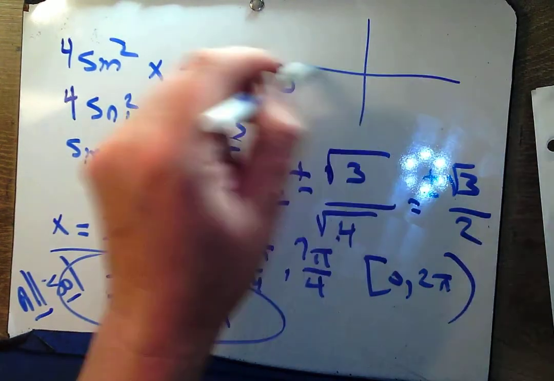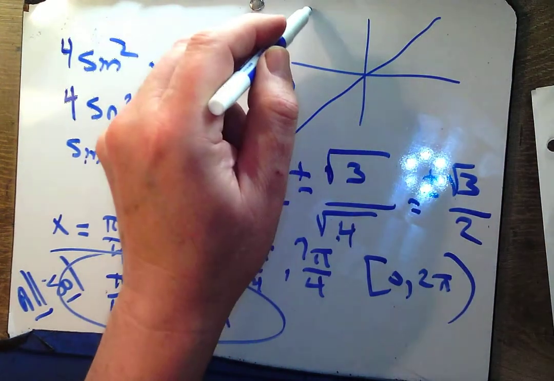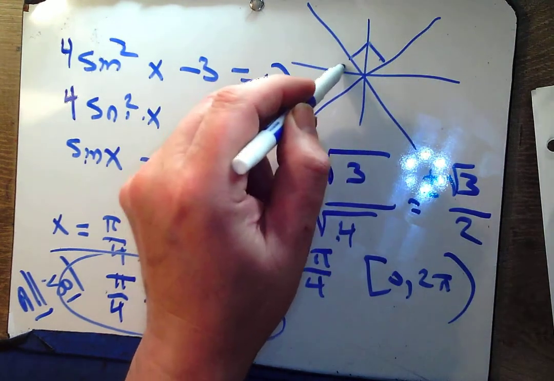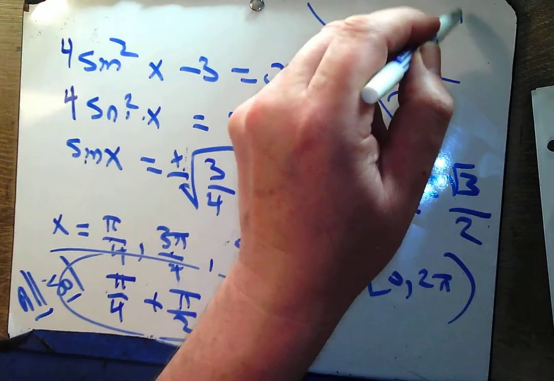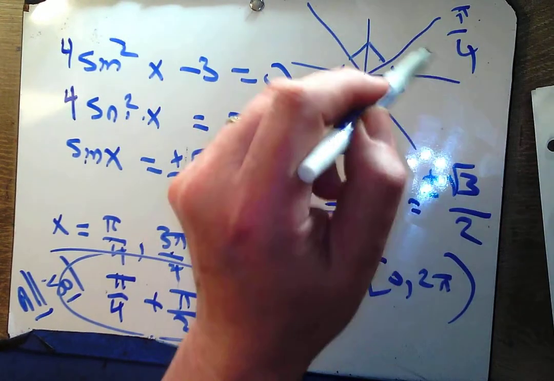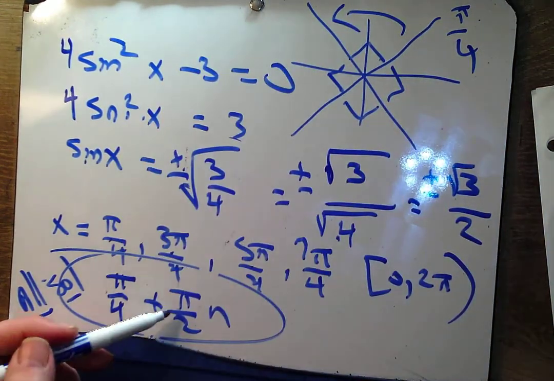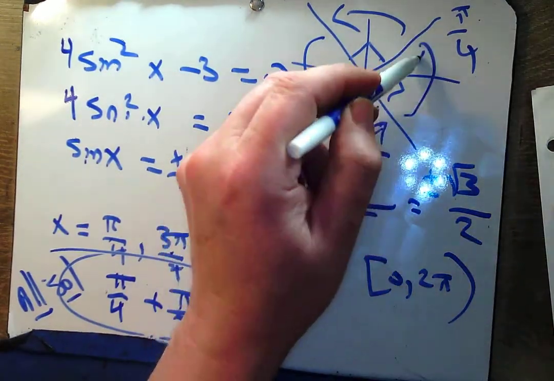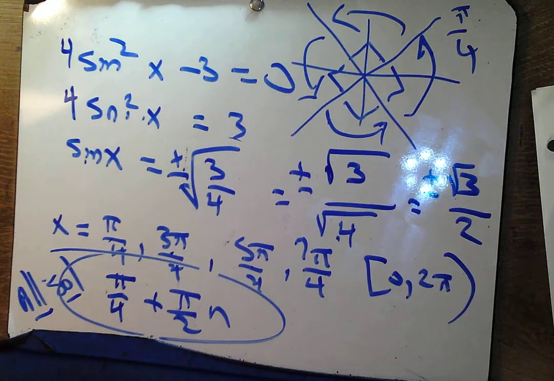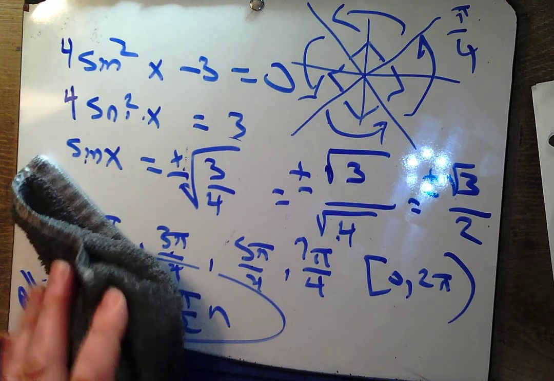I noticed that all the pi over 4s are separated by pi over 2. So I can just start here and say, well, it's going to be pi over 2 to this next one, and pi over 2 to this next one, and pi over 2 to this next one, and so on. So I'm going to go with that answer. Okay. How about this one?